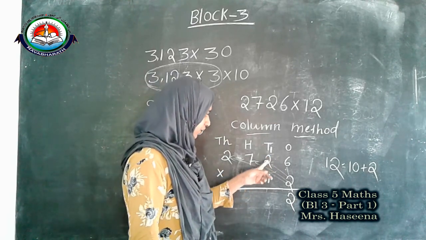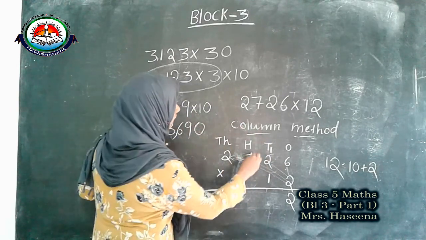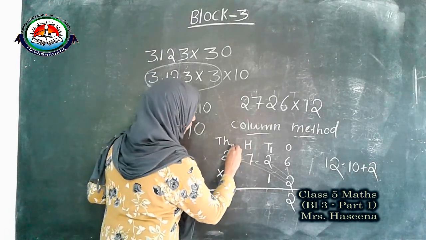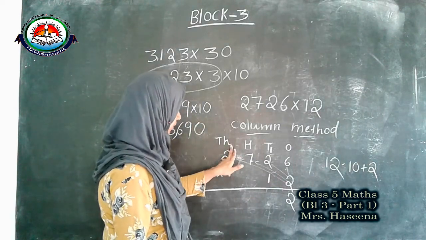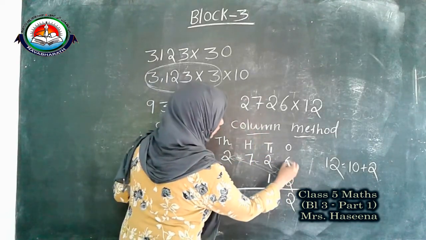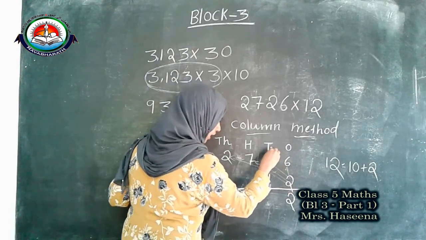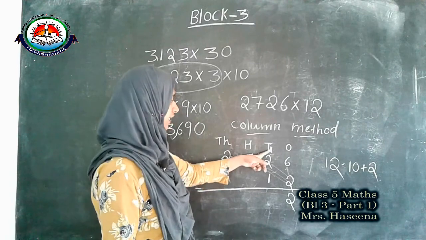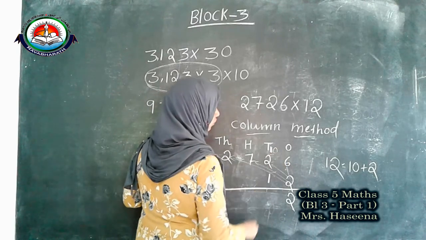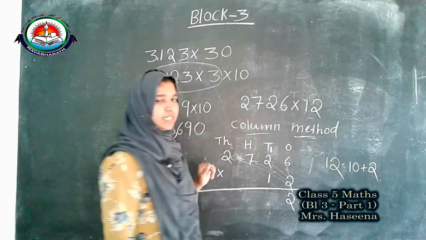If you write 1 here, that is 100. If you write 1 here, that is 1000. Okay, then 2 into 6, 12, balance 10. So 10 means 1 in the tens place that we are sending here. No need to write the full 10. Why? This is the tens place only, so here 1 means 10.